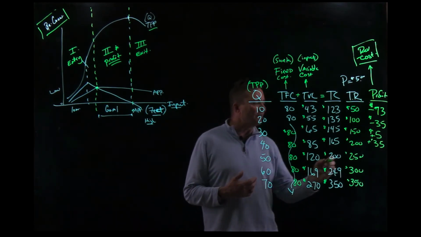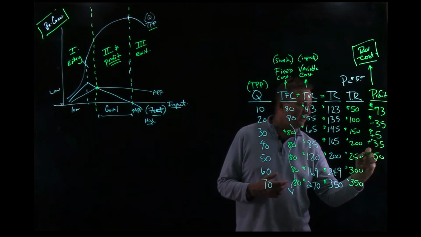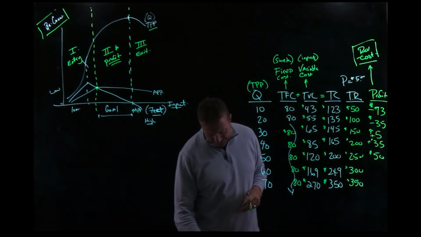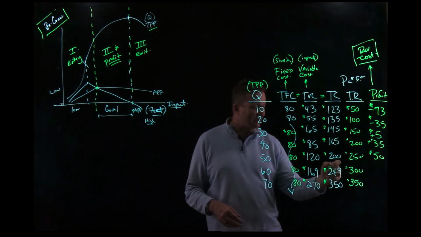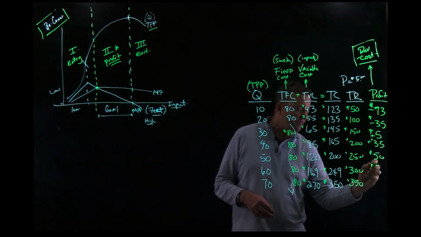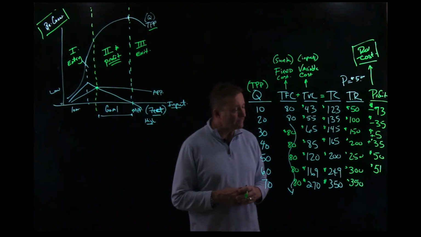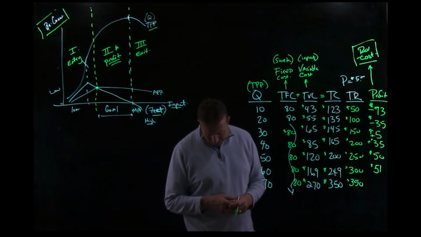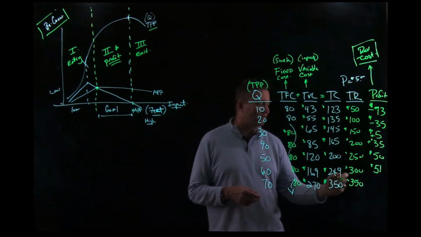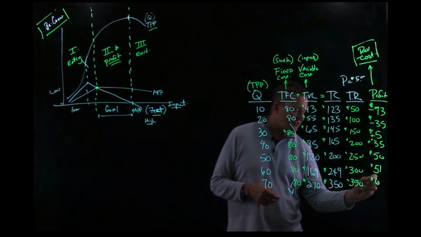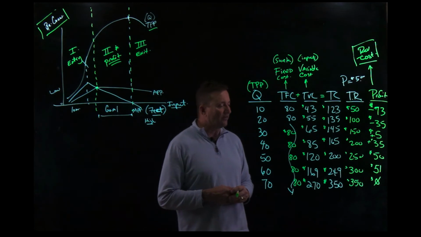As I keep moving through here, I'm looking at $50 in profit, and as I keep moving through here at the next level, I'm 300 minus this, so I'm $51 in profit. And then if I move to the next level, I am $350 in revenue minus $350 in cost. I am $0 here, so there's no profit made.